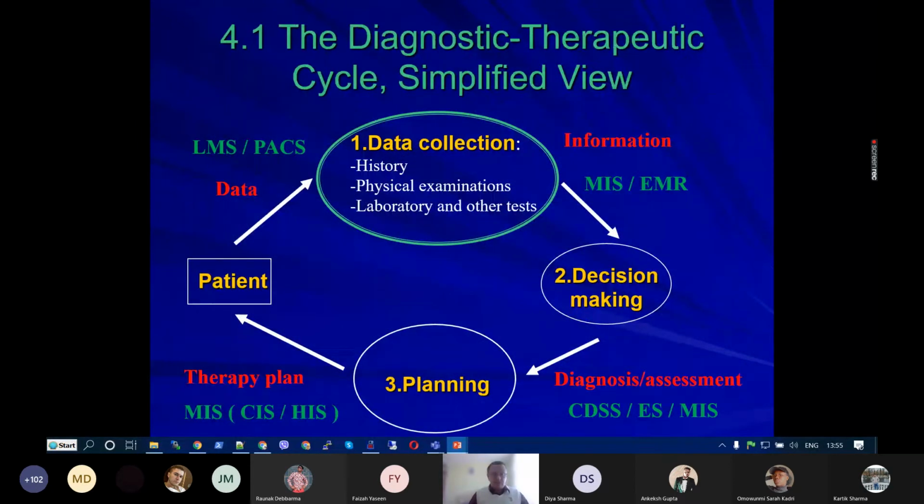So again, let me repeat this a little bit and consider more closely the diagnostic therapeutic cycle. Here we have, as I already said, data collection, which we can get from the patient, and with modern diagnostic methodologies, we can retrieve plenty of data about the current state of patient health. We are not limited only to visual observation.